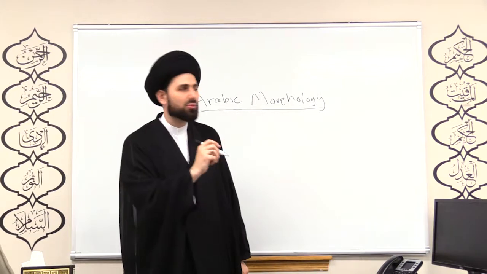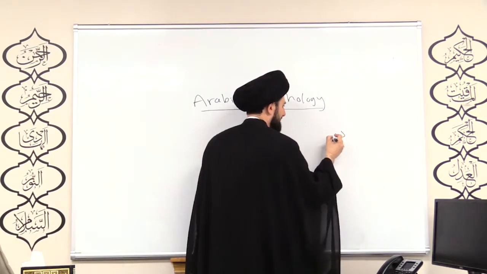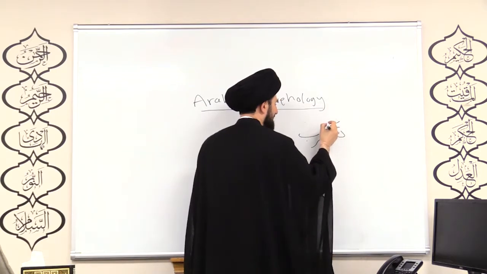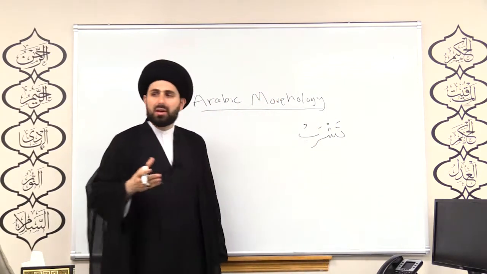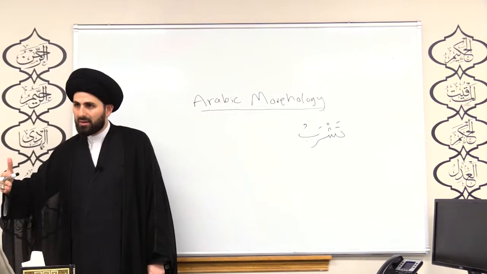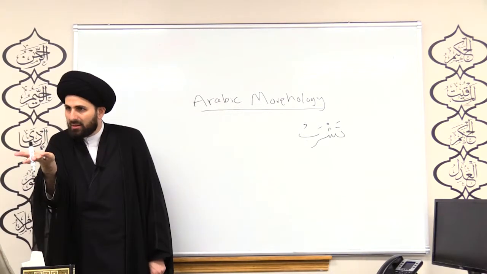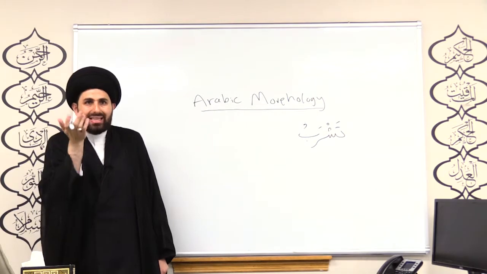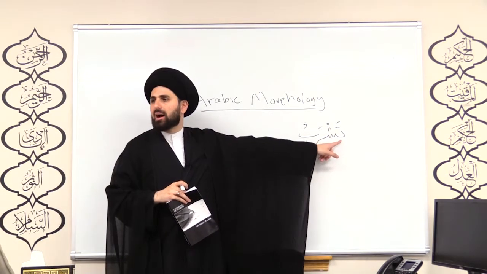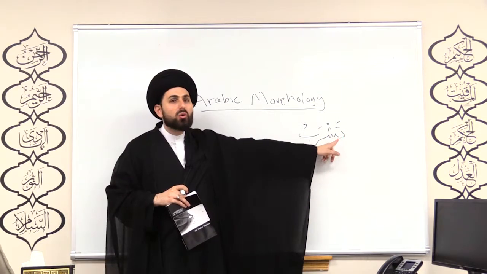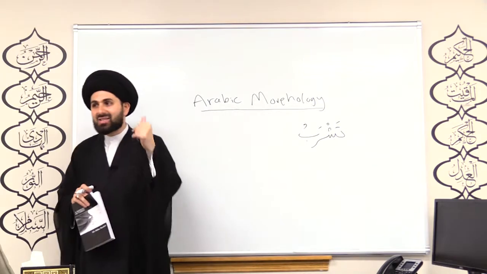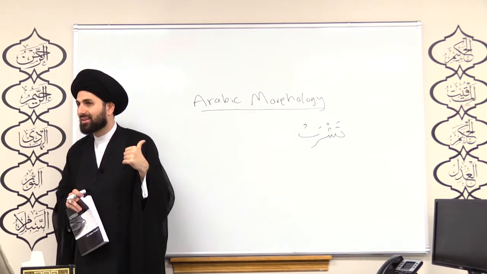تشرب. To make a fi'l mudari', present tense verb, into a second person masculine singular, just switch the ya to a ta. But notice, this ta here is not the sign of femininity here.